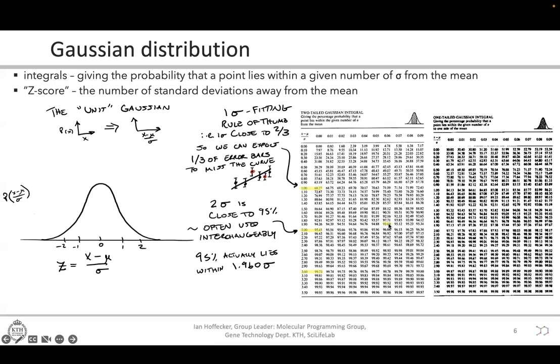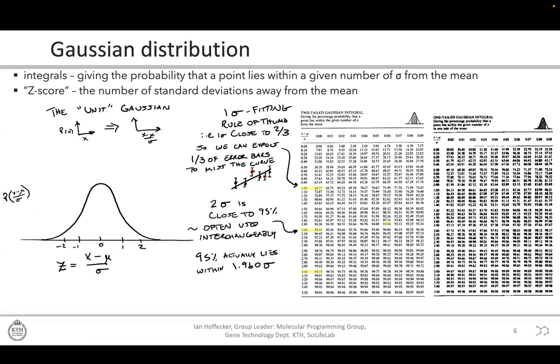Well, the way you read this table is you add the number up here to the number on the left. So that occurs at 1.96 here, standard deviations, or Z of 1.96. And that's what you need if you want 95%. And this is useful for confidence intervals. So you might often see a confidence statement given in terms of 95%.